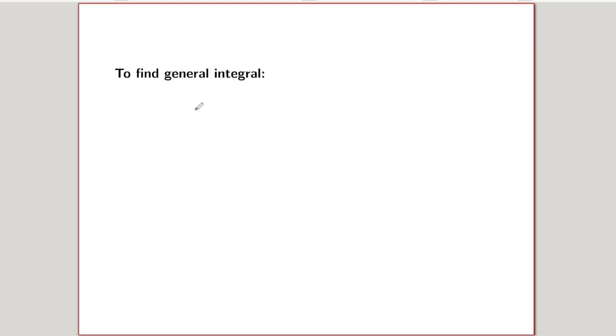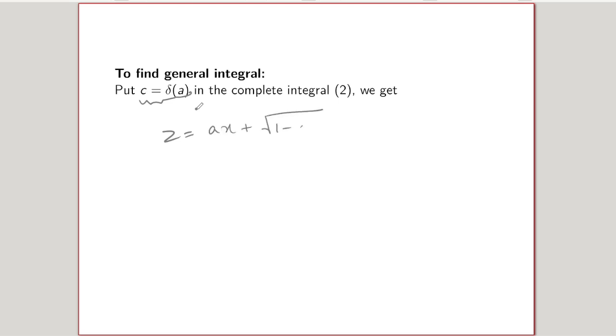Okay. To find the general integral, I'm going to replace the second arbitrary constant c with delta of a. So the complete integral will be z equal to ax plus square root of 1 minus a squared into y plus delta of a. Next, I'm going to differentiate this with respect to a.